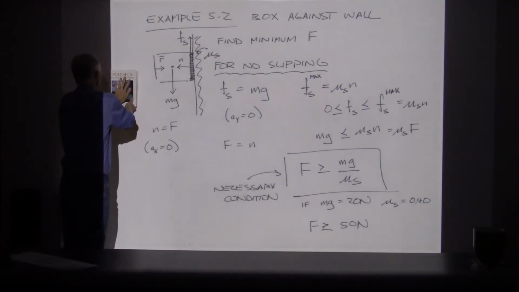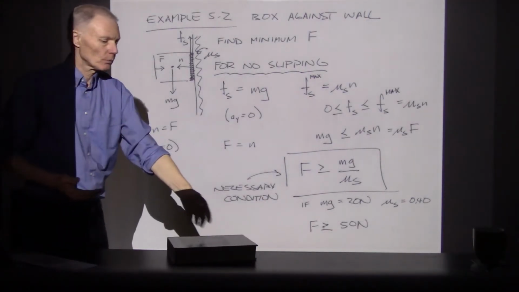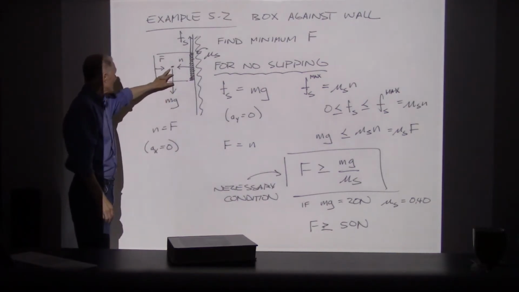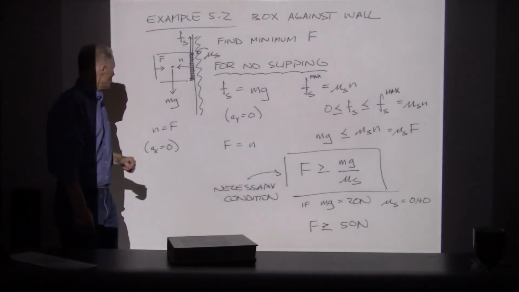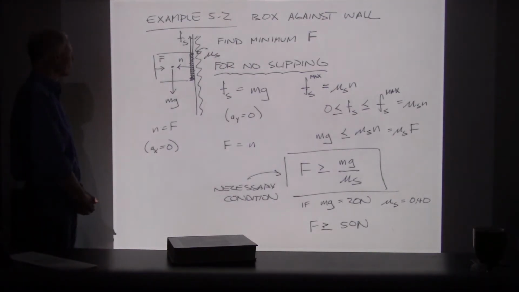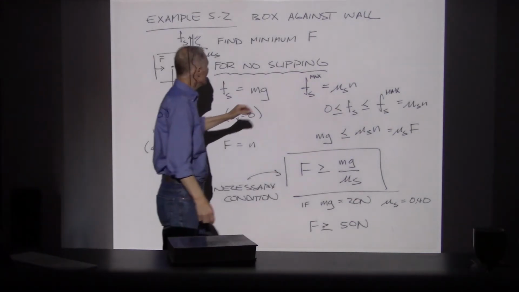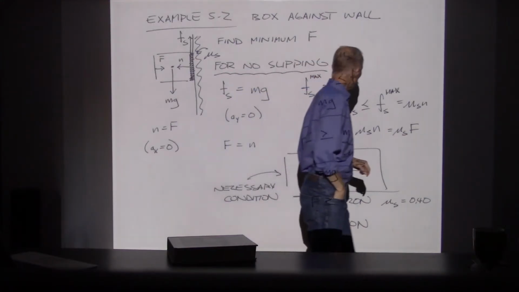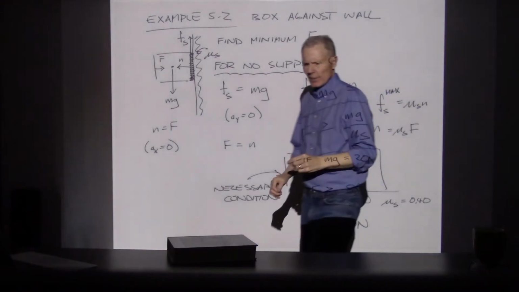So there's going to be a normal force between the wall and the book in this example, and so N is going to equal F. Again, that comes from saying the book is not accelerating. N is equal to F, F is equal to N. Now, what's the largest static frictional force we could hope for? And so the idea is this.